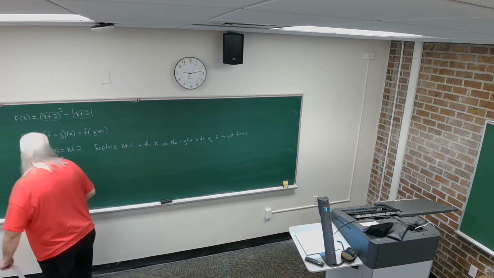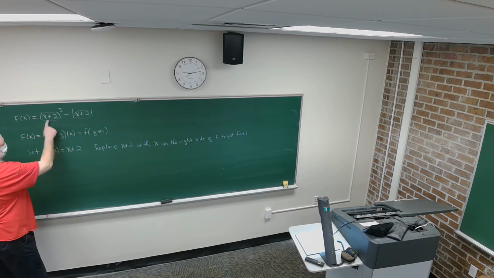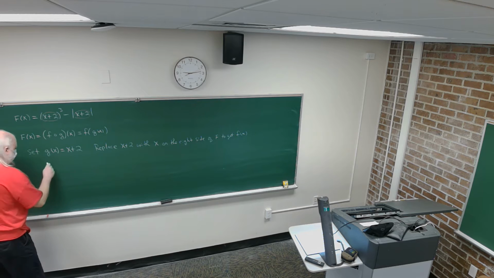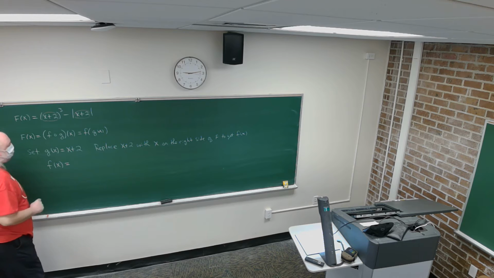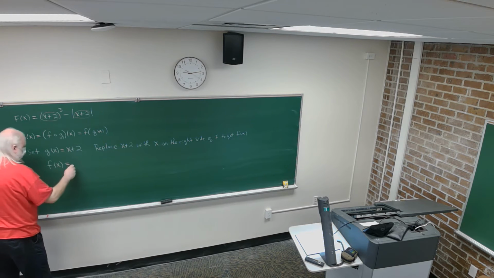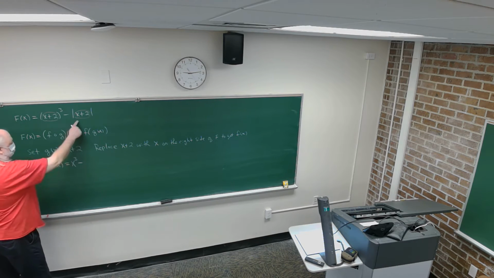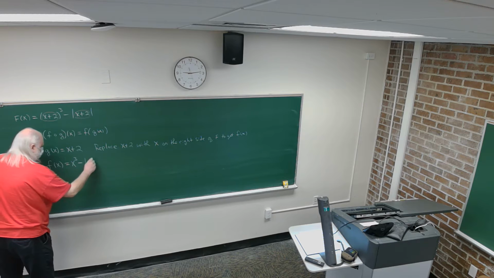And so if I replace on the right hand side up here x plus 2 with just x, that gives me the outer function little f of x. Little f of x is equal to x raised to the third power minus the absolute value of x.